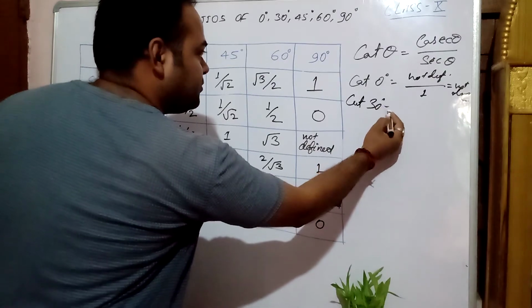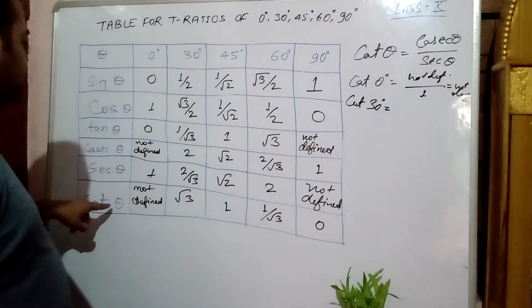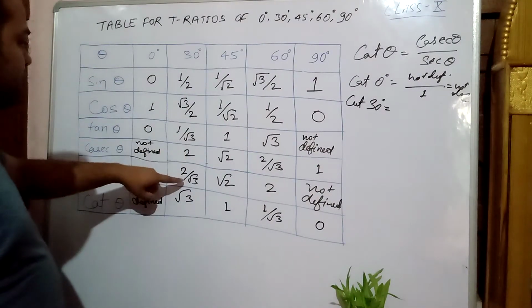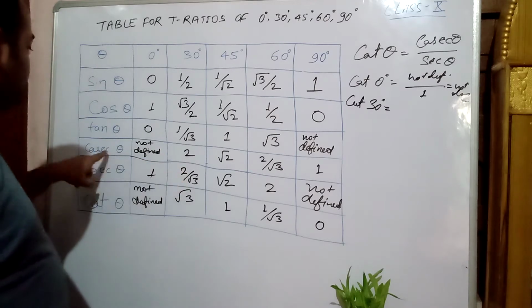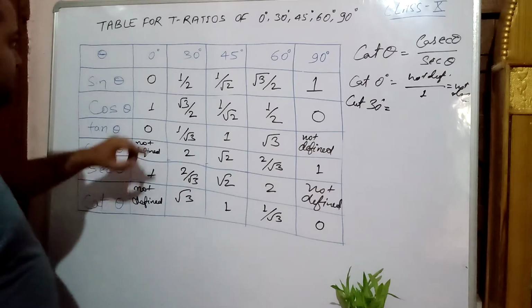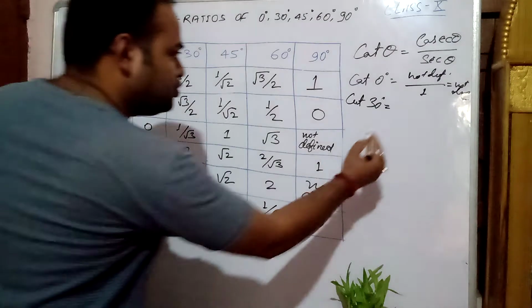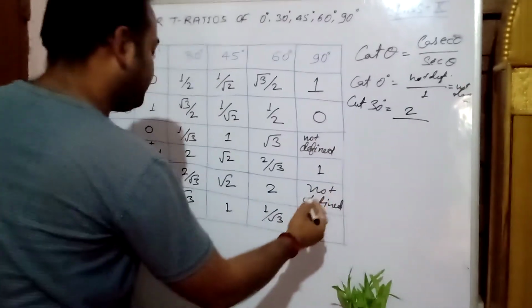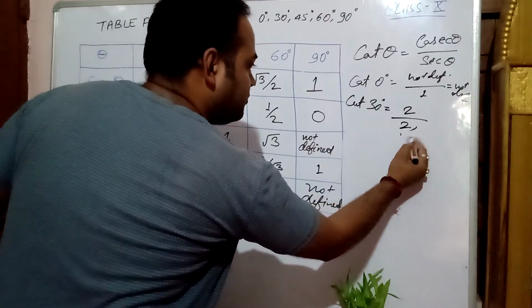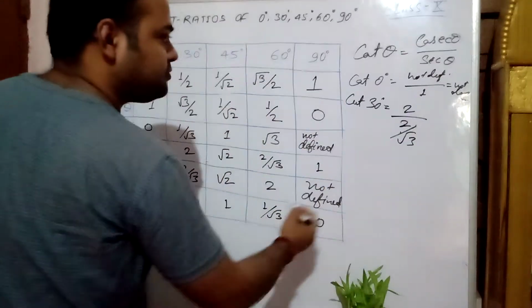Again cot 30 degree. Cot 30 degree means cosec 30 by sec 30, 2 divided by 2 by root 3.